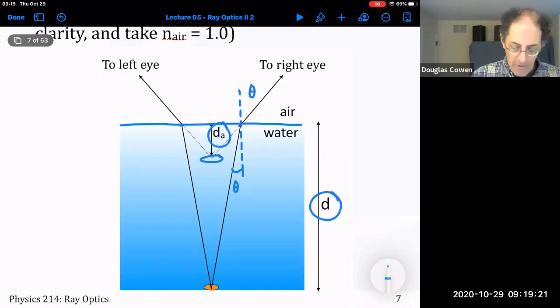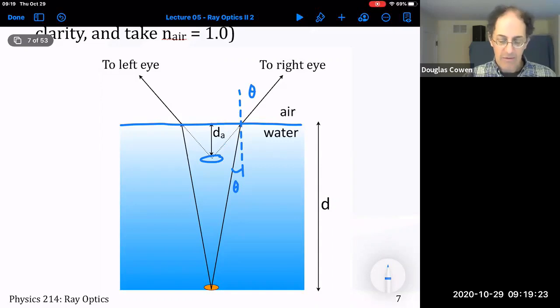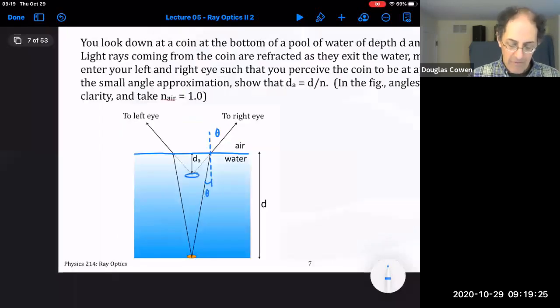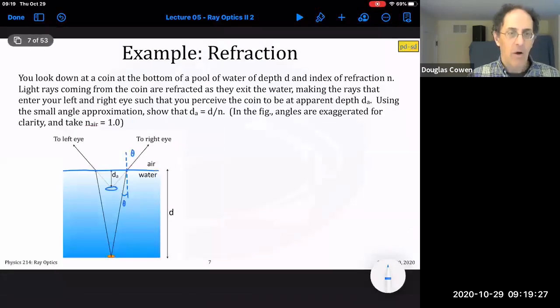So the question is, what is that d sub a? I hasten to add that all the angles in that figure have been exaggerated just to make it easier to see the trigonometry and the geometry of the situation.